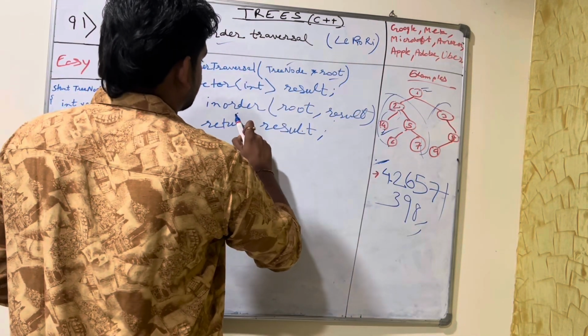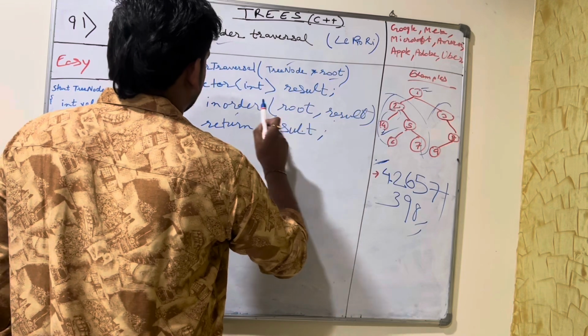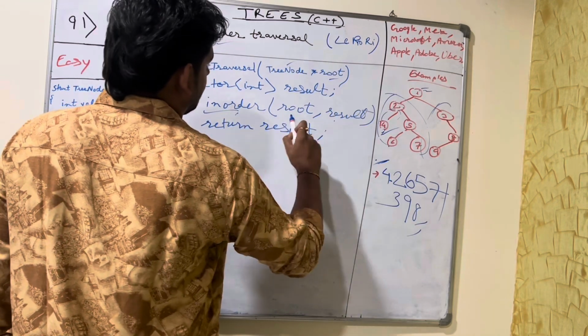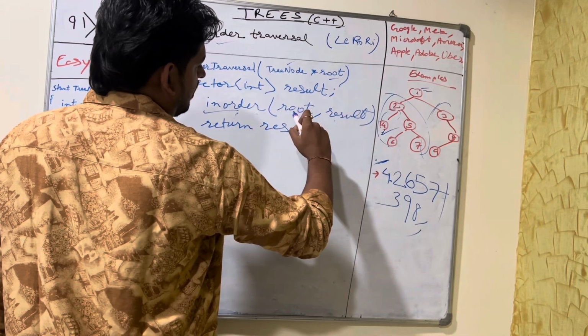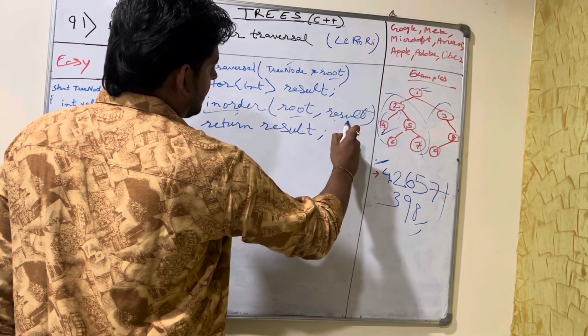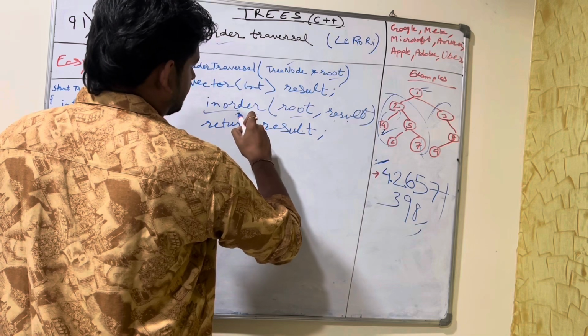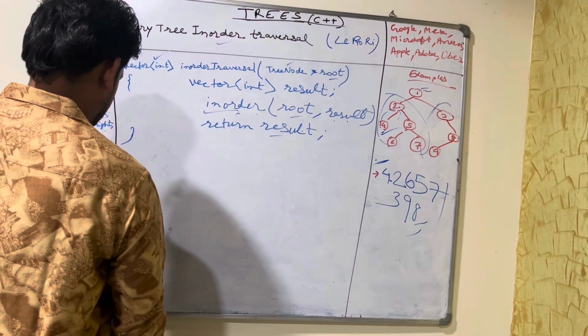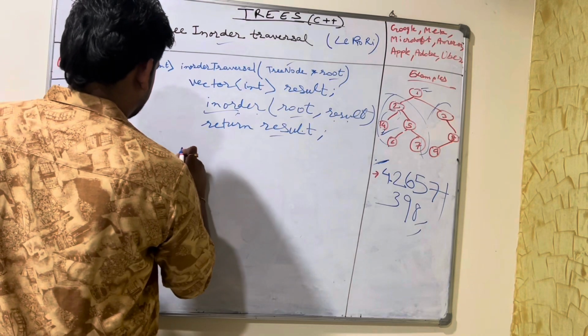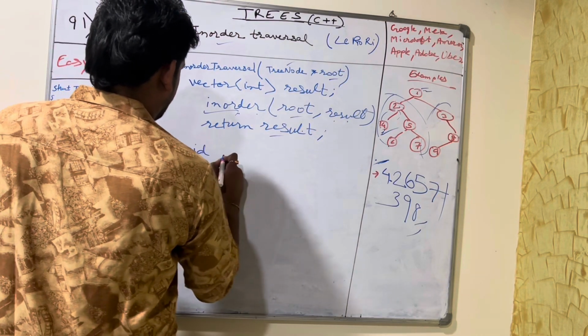So we'll make a new function which will be a void function which will be recursive, and then we will get our in-order traversal in the result from that recursive function, and then we will return it.